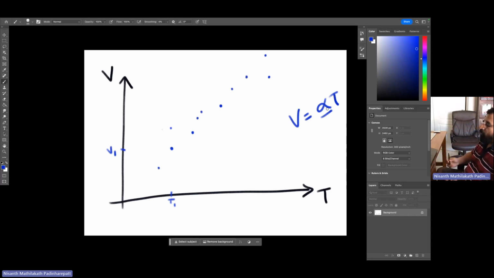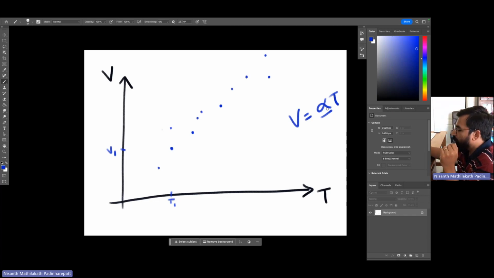But we don't know what the constant is. So we proposed a model, a hypothesis that this is a linear model, but we don't know the parameter of the model. This alpha is a parameter of the model. That constant we don't know.